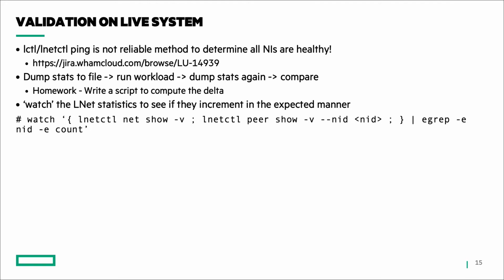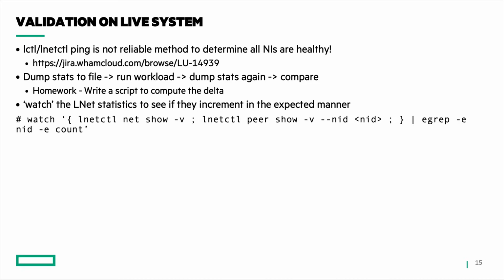Otherwise there's no real magic here. Usually we're interested in running a particular workload and seeing how LNet is behaving. So the strategy there is just dump these stats to a file for the peers and the local interfaces that you're interested in, run your workload, dump the stats again, and then compare them. You can write a script to compute the delta, and then that shows you exactly how the interfaces have been utilized while that workload is running.